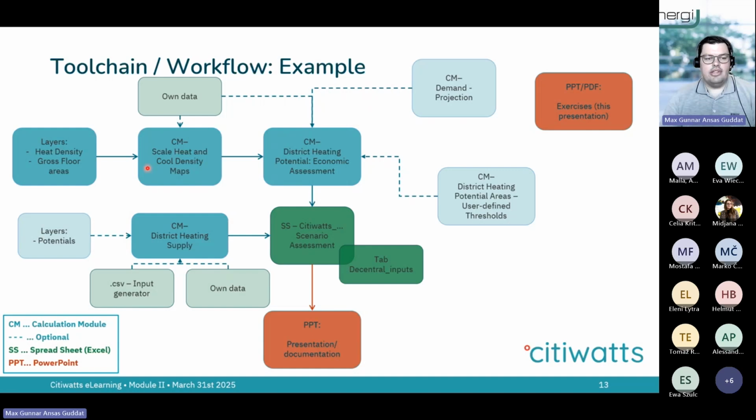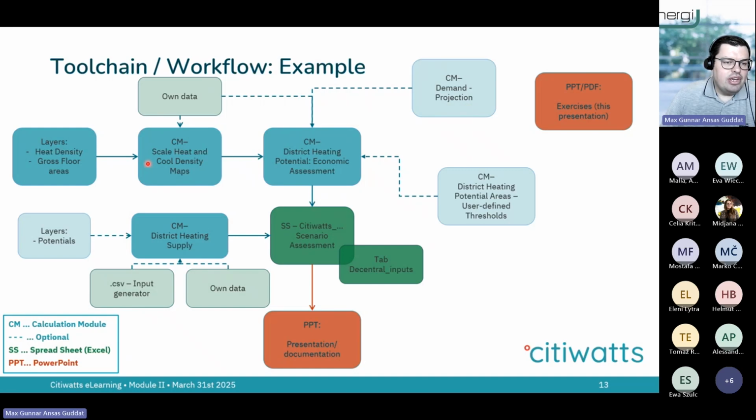So you can just take the entire area that you have and scale every cell in that raster grid to a lower value. And like this, you would have a scaled output of some input data. You can also go a more advanced way, which is what we call the CM demand projection. It's built into the tool, and we're going to demonstrate them both actually.